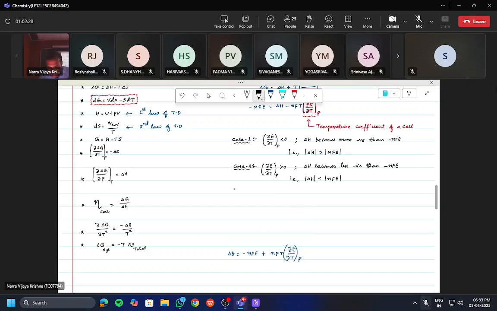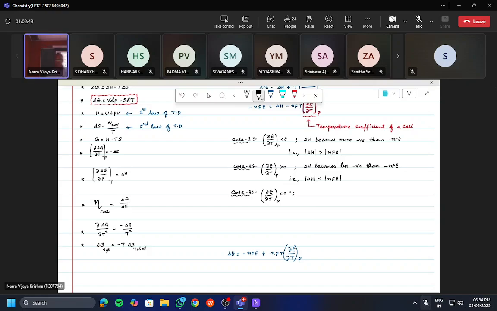Case 3. If ∂E/∂T at constant P is equal to 0, then what happens? If this term is 0, then what happens to this term? It is 0.